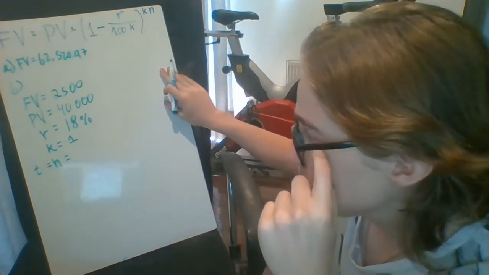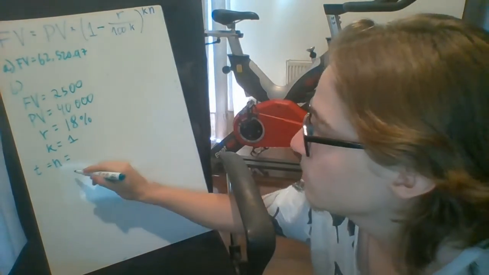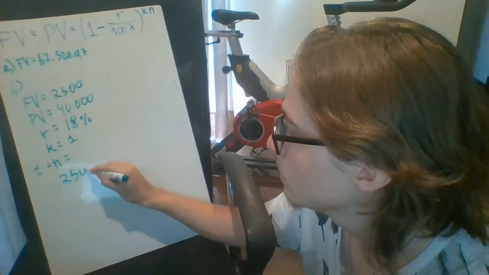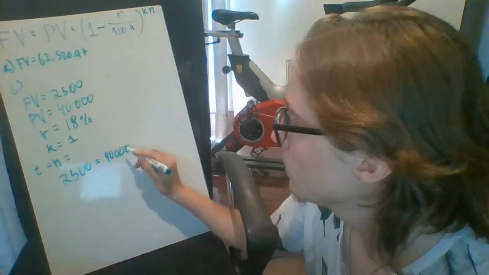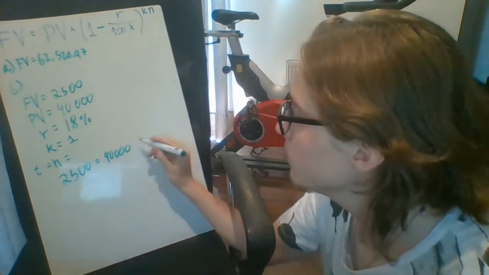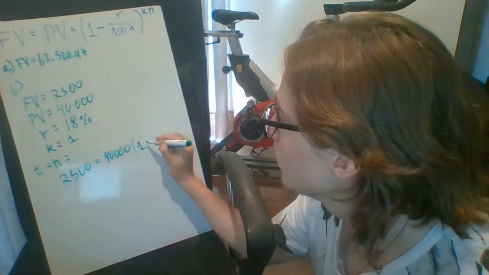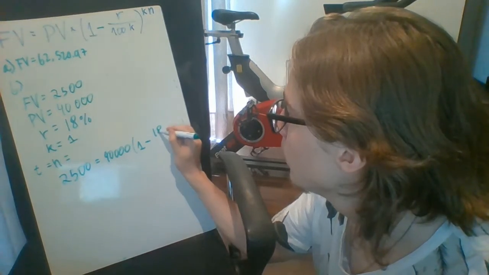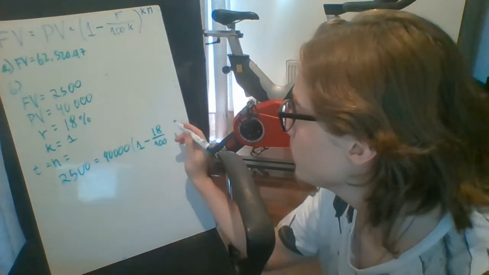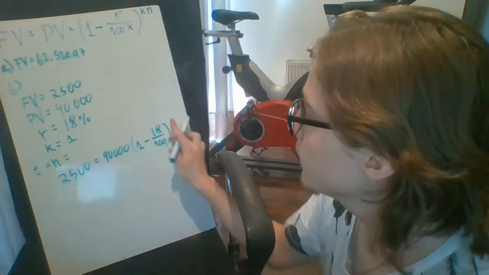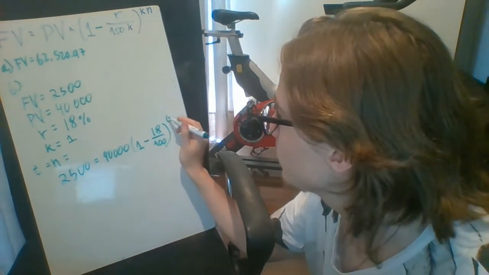So plugging all this in, 100 times 1 because K equals 1, and the exponent is going to be t.